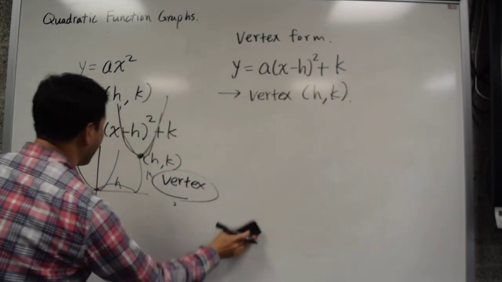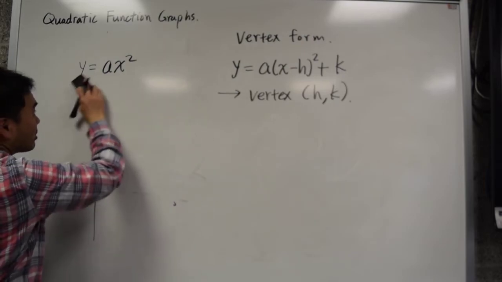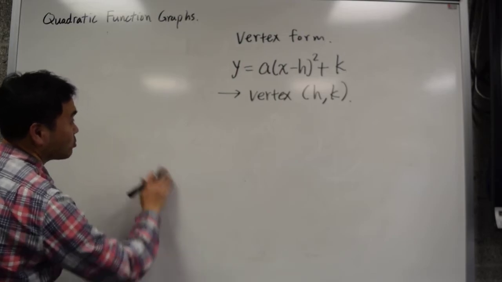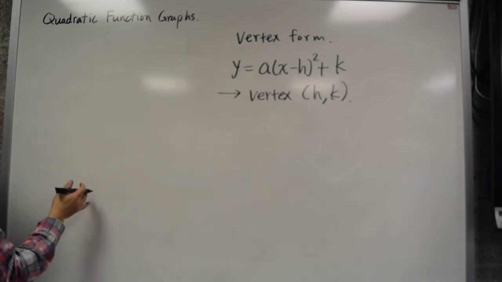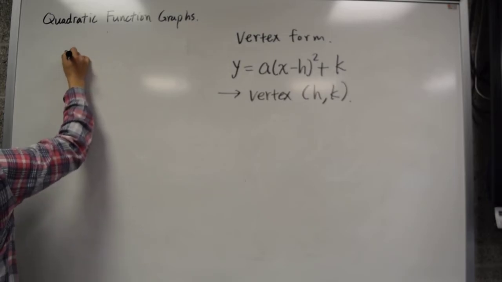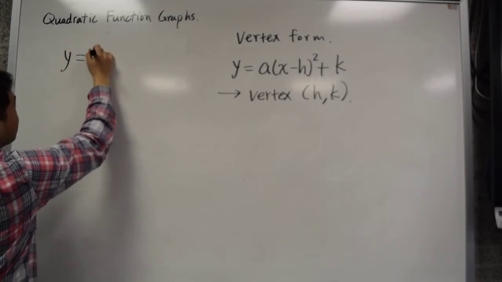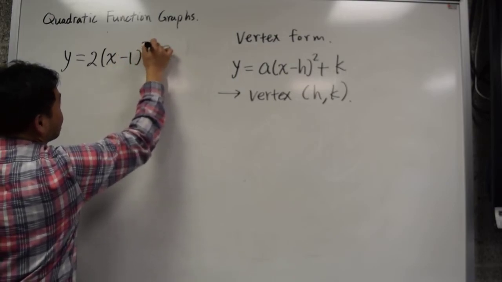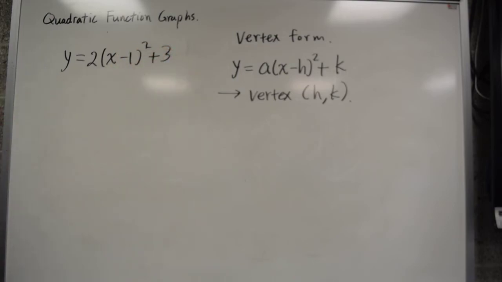Now, to actually get a taste of what that is, let's try to draw a graph that has values like that. So what if you had y equals, say, 2 times (x minus 1) squared plus 3? Okay.